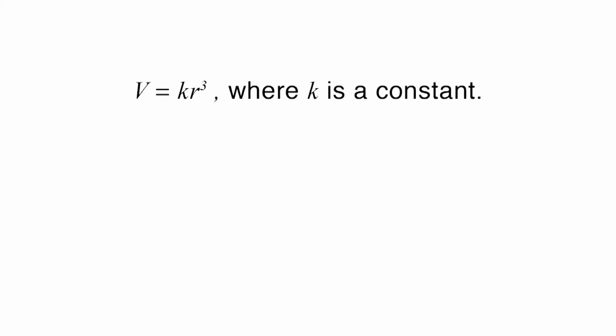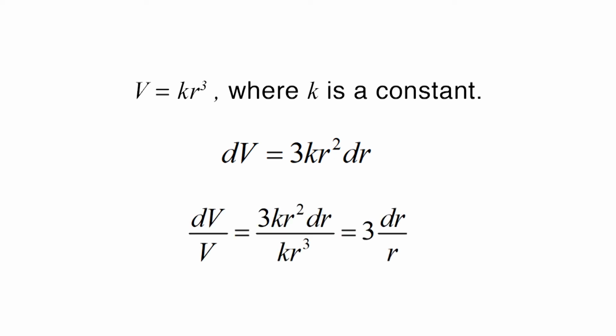Here we take V is equal to k r cube, where k is a constant. Taking differentials on both sides, we get dV is equal to 3 k r square dr. Hence, dV by V is equal to 3 k r square dr all divided by k r cube, which is equal to 3 times dr by r. So, the relative change in V is 3 times the relative change in r.